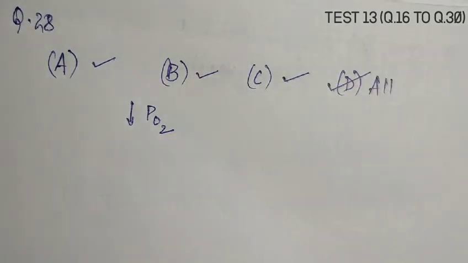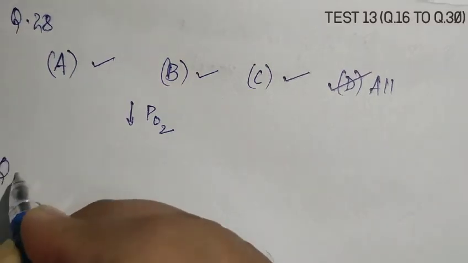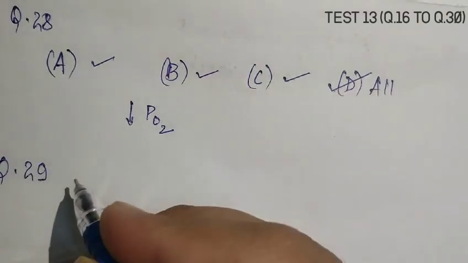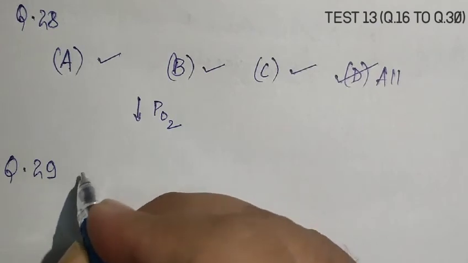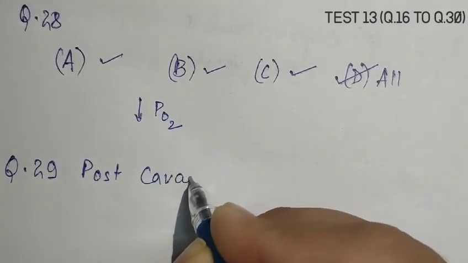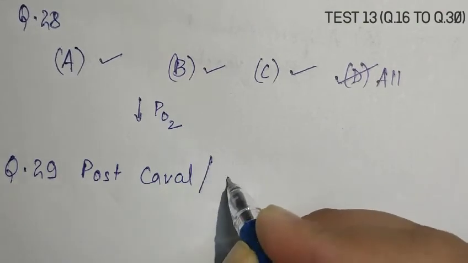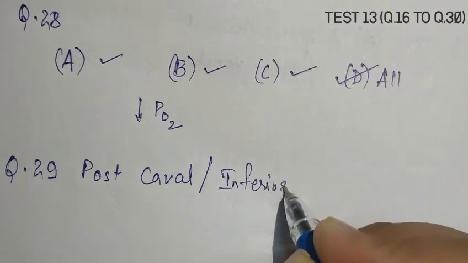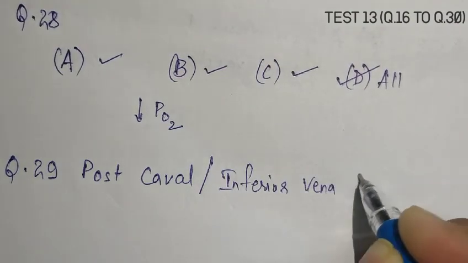Question number 29. The post caval vein is constituted by, post cava, also known as inferior vena cava.